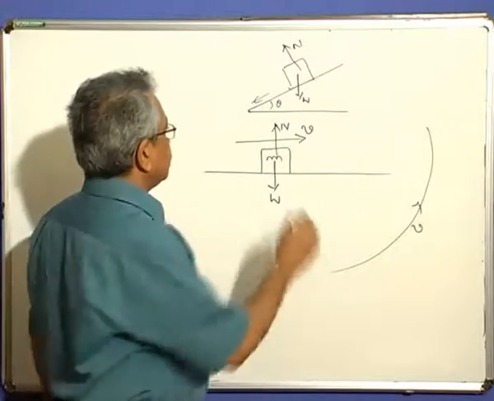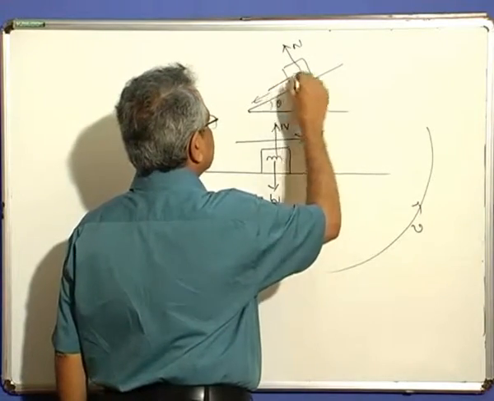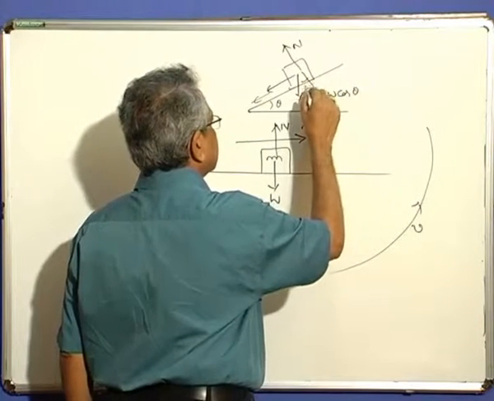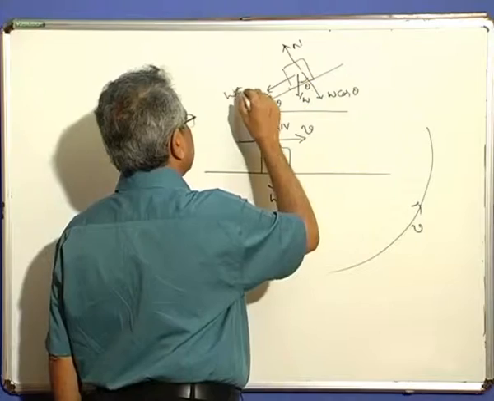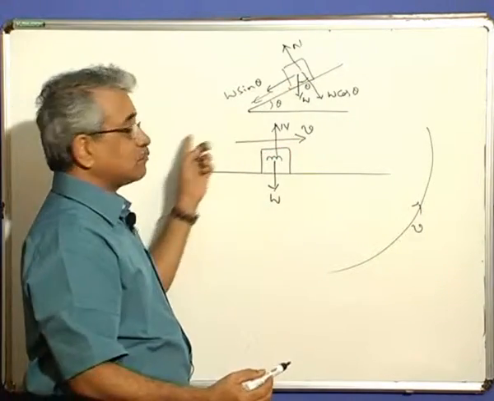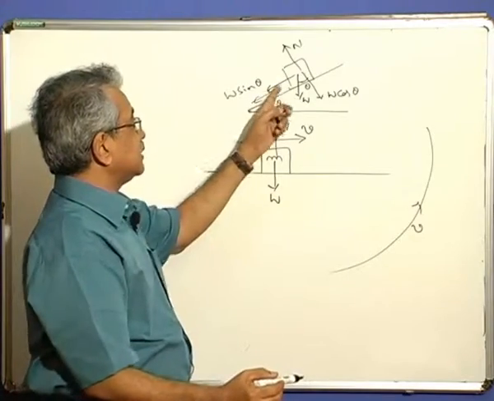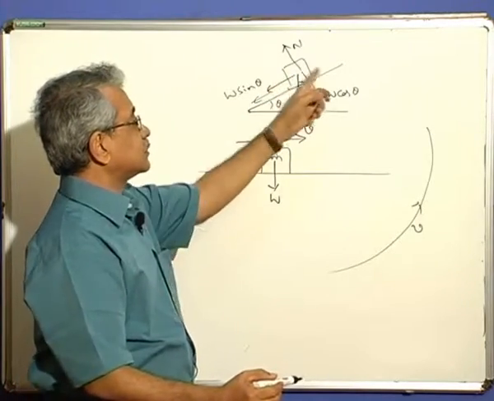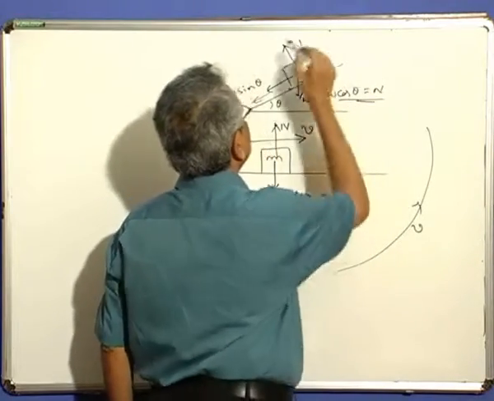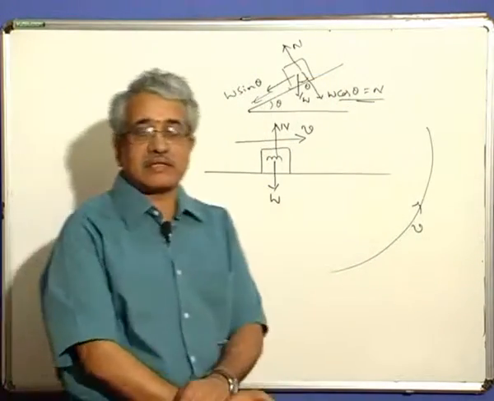Why? This force, the weight, has two components. W cos theta, because this angle also becomes theta now, and W sin theta here. The W sin theta force is responsible for the body moving down like this, because that is not compensated by any other force. Whereas W cos theta is balanced by the normal reaction there.